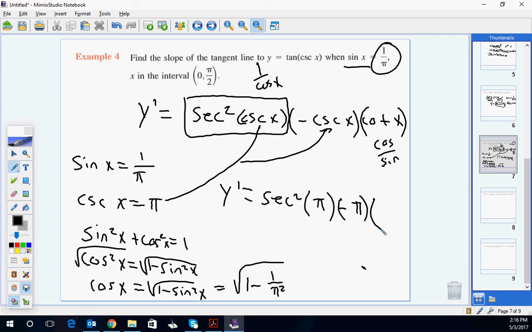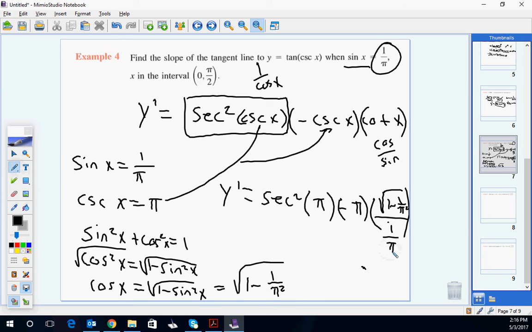And then this right here is going to be cos over pi. Oh yeah, it's a straight sine, isn't it? It's in my notes, I just didn't read it.